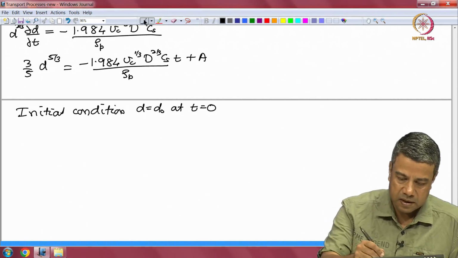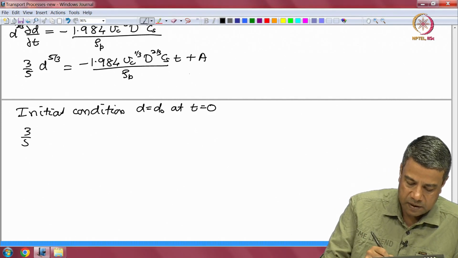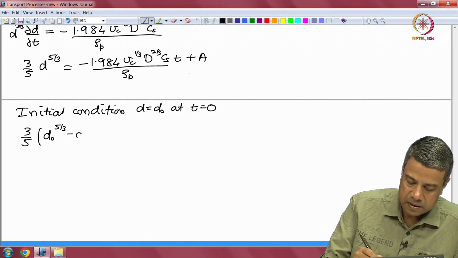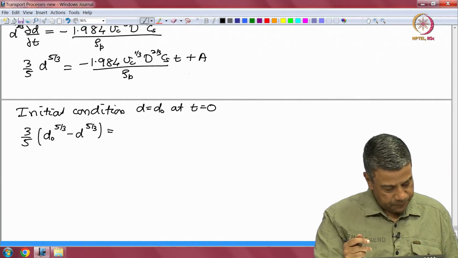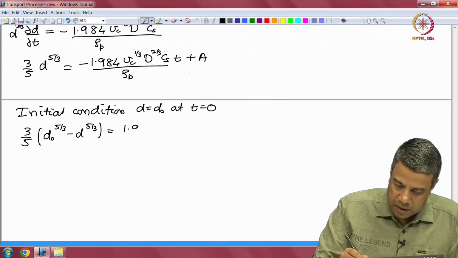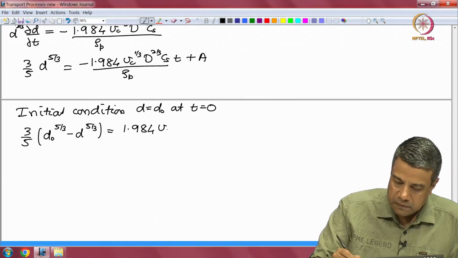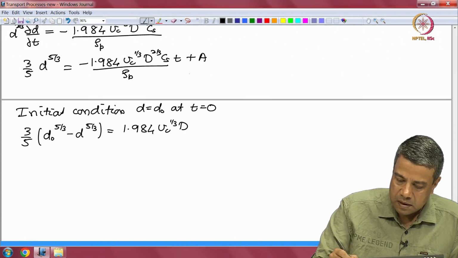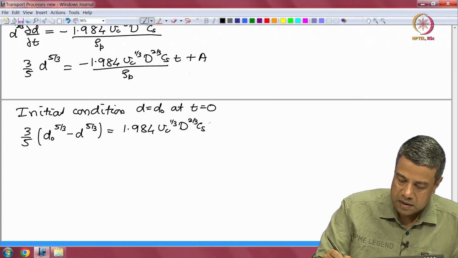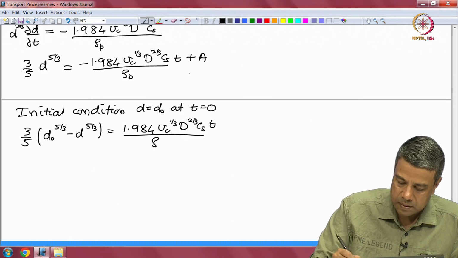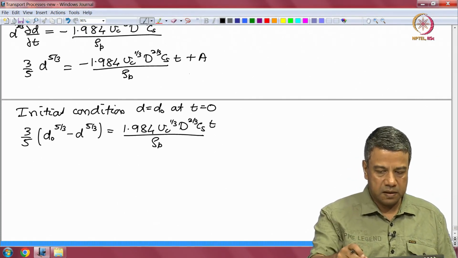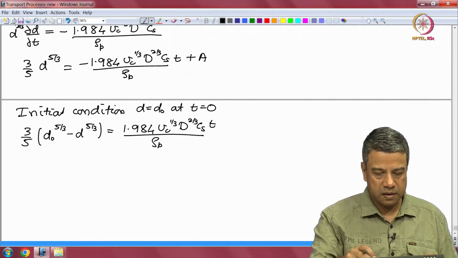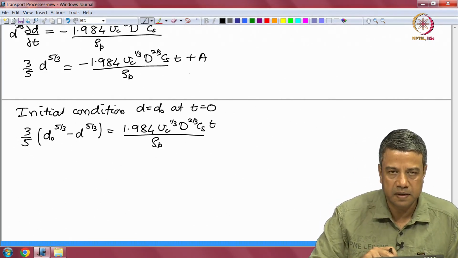And if I just substitute that, I will get 3 by 5 into d naught power 5 by 3 minus d power 5 by 3 is equal to 1.984 Vc to the 1/3 D to the 2/3 Cs t by rho p. I have taken this time to the left side, and the diameter has been taken to the right side.